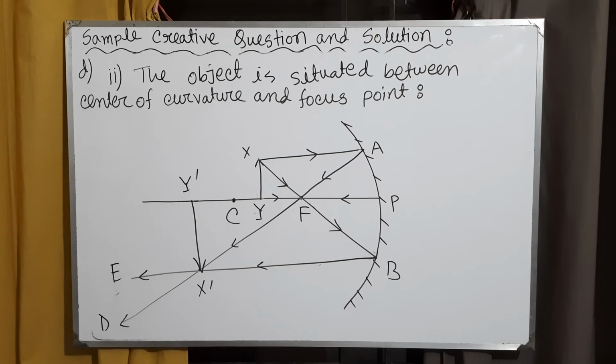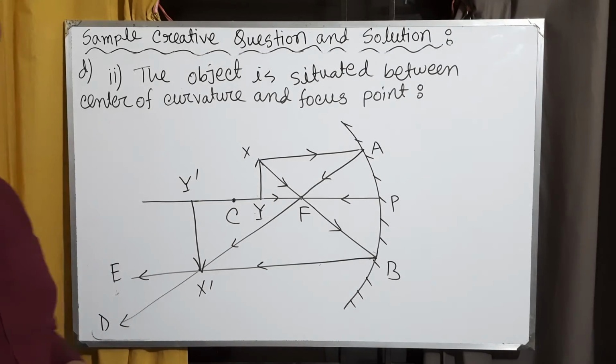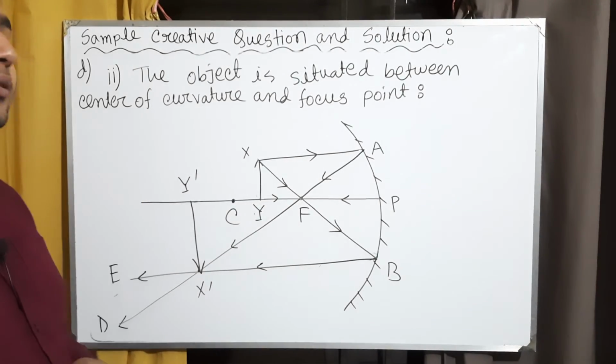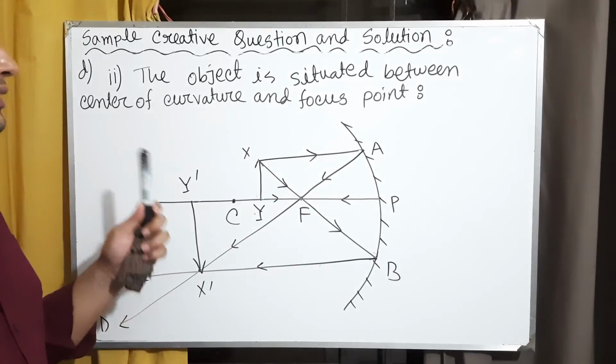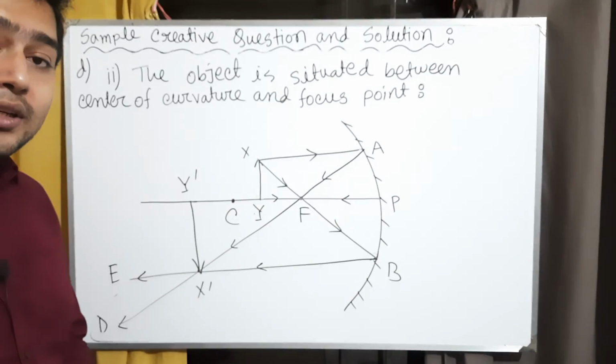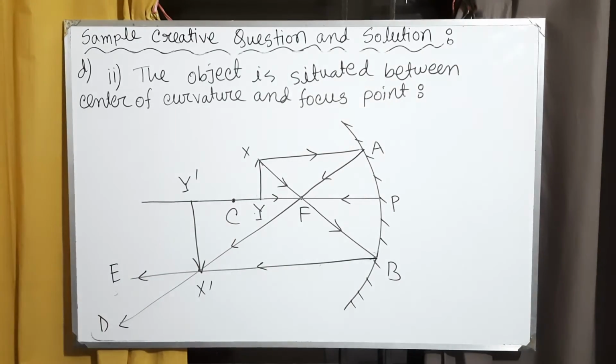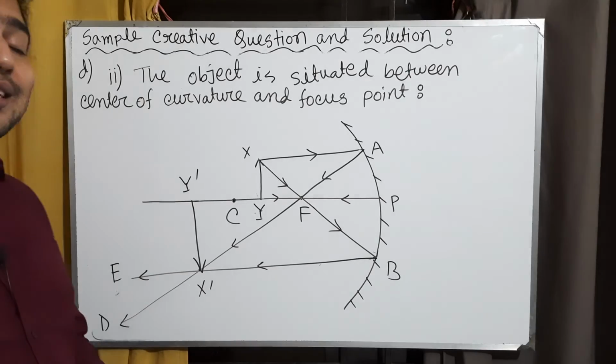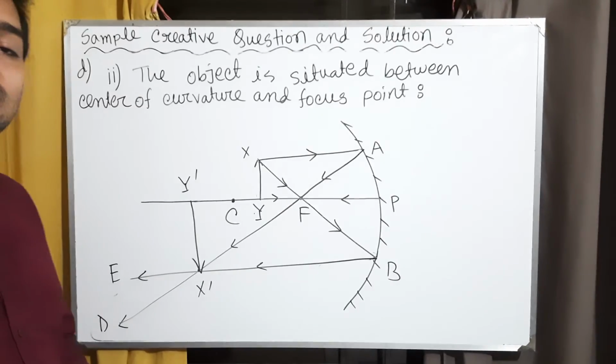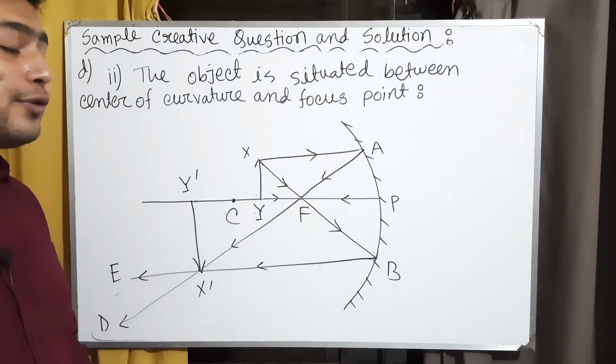And this is another reason why the dentist uses a concave mirror: when the object is situated between the center of curvature and the focus point. Here XY is our object, situated between the center of curvature and focus point.